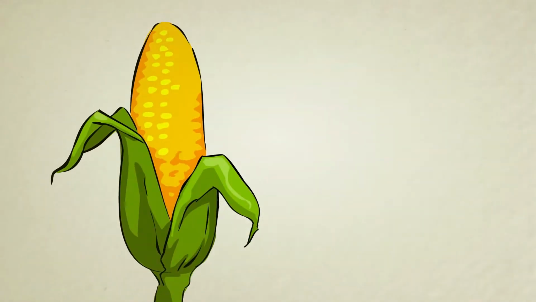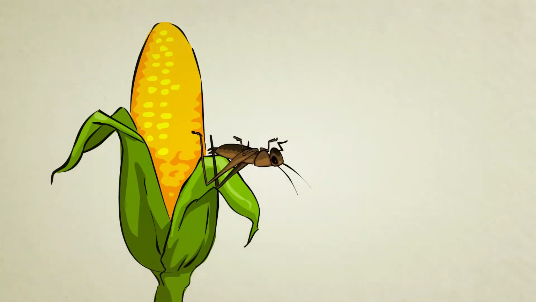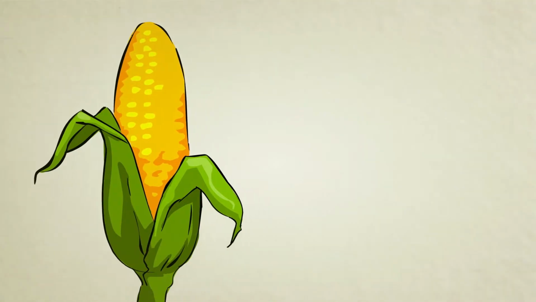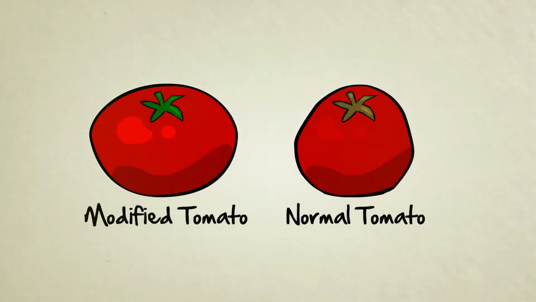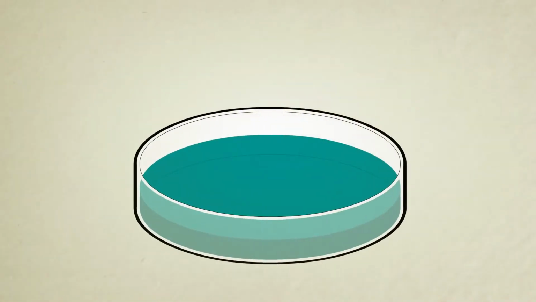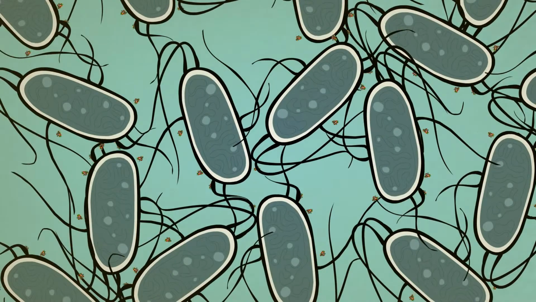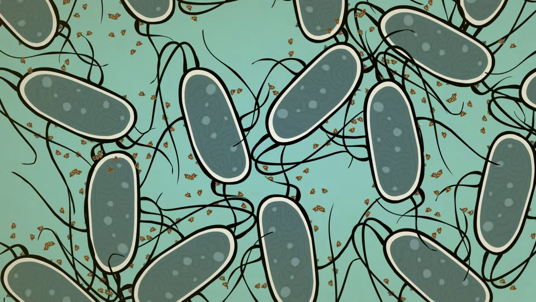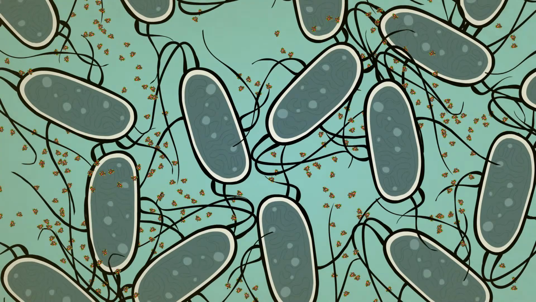Engineers have mixed and matched the genes of different organisms to produce many new creatures, including corn that is toxic to insects but supposedly safe for human consumption, tomatoes that last up to twice as long in the grocery store before going bad, and a new form of bacteria that produce the human protein insulin, which we then collect from these bacteria and give to people with diabetes who need extra insulin to survive.